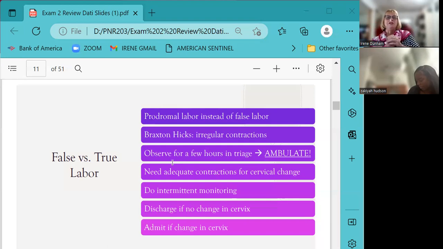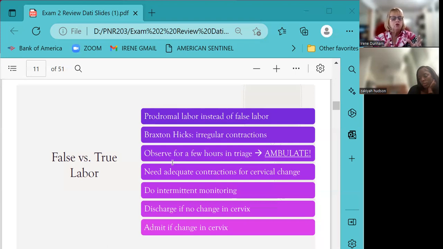But let me just let you know, we have patients that come in to triage. It's my job to put on the monitor, take mom's vital signs, and make sure baby's okay. And now I'm going to observe her. She may be 2 centimeters, 80% effaced, and at a -1 station.